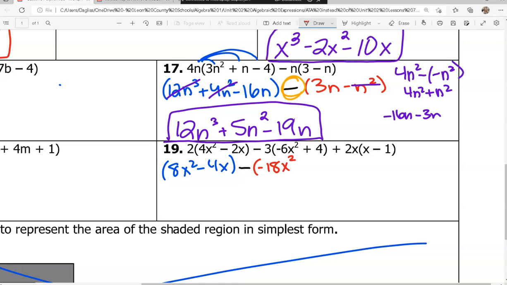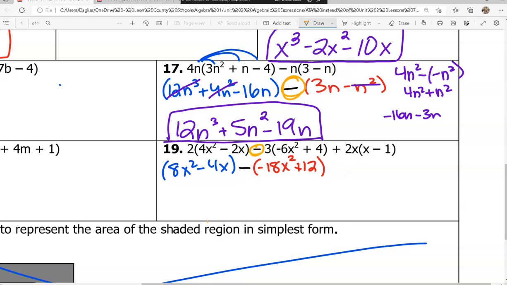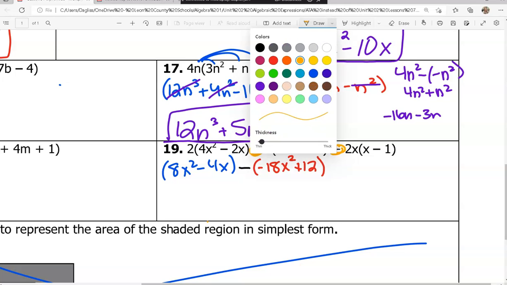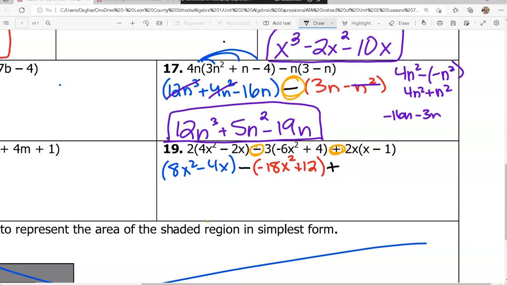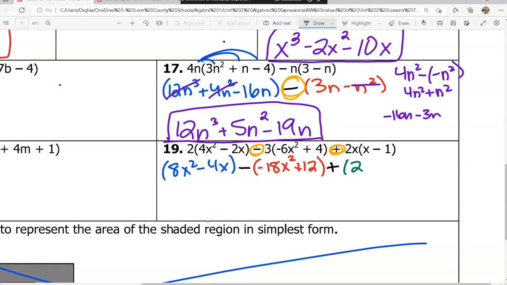Yep. And then 3 times 4. Just 12. Yep. So what we're doing is we're leaving these where they are. So now we have plus 2x squared and negative 2x. Good.